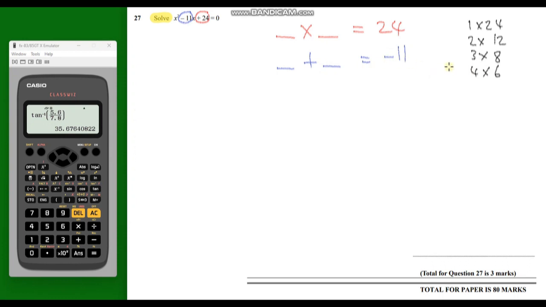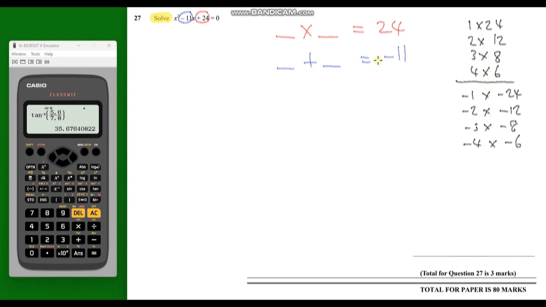Well, 3 plus 8 is 11, but we could also have negative 3 times negative 8. As well as all of these combinations, we could also have negative 1 times negative 24, negative 2 times negative 12, negative 3 times negative 8, and negative 4 times negative 6. Notice how when we multiply these together, because they're both negatives, they will also give us 24. So there are actually 8 different pairs we can choose from.